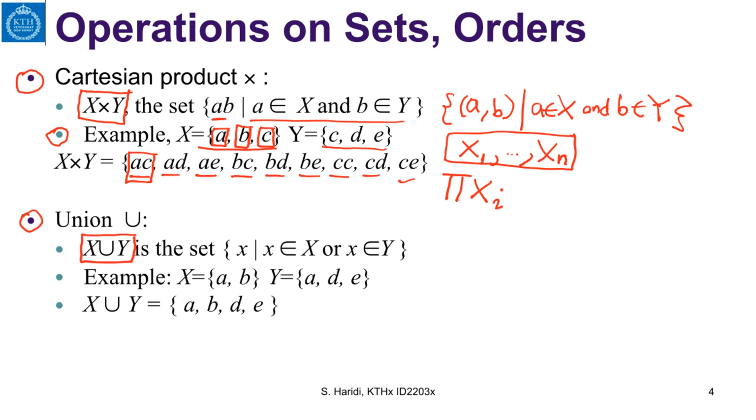It is the set of x's such that x is either an element of the set X or x is an element of the set Y. So, for example, if X is a set AB and Y is a set A, D, and E, then the set which is a union of X and Y will include A coming from the set X, and B. A here is repeated, so it will also include D and E.